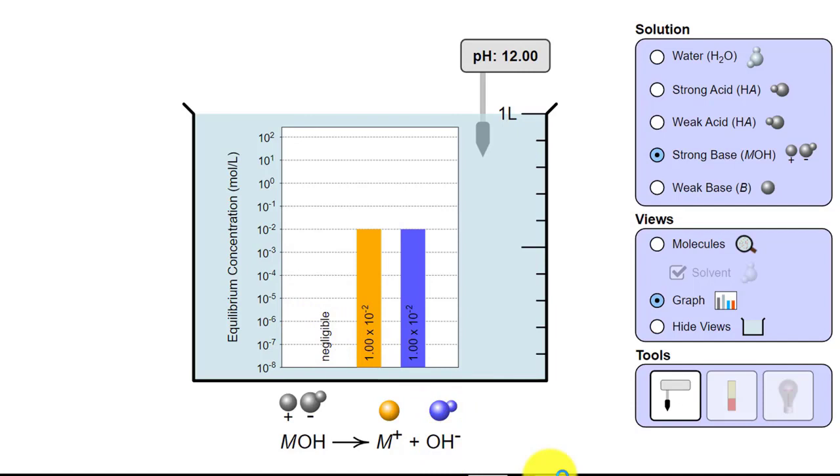So that's the difference between strong base or acid versus weak base or acid, okay? A strong base or acid completely dissociates, whereas a weak base or acid dissociates partially, and I mean partially, a very small amount of it will dissociate in the solvent. In this case, it's water.